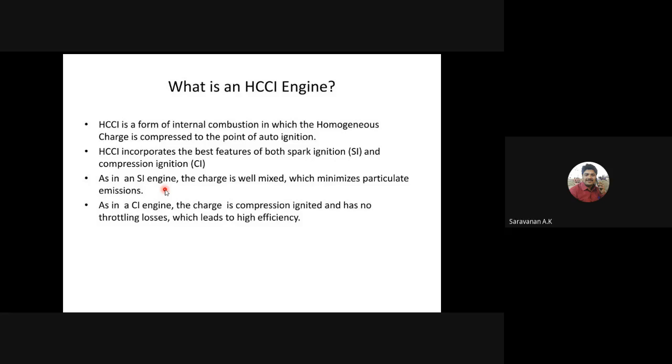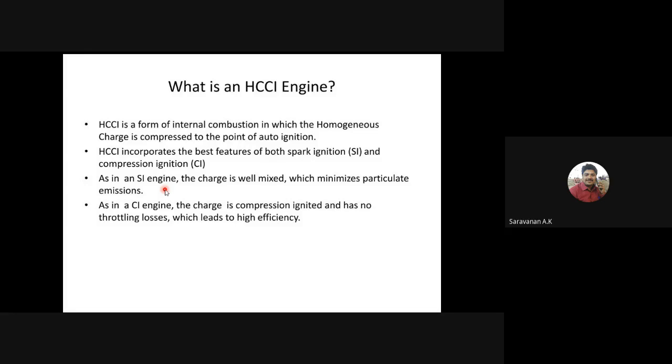The conventional SI engine uses a homogeneous fuel and air mixture, which is prepared in the intake port, and it undergoes induction and compression. In SI engines, with accurate control of the fuel and air ratio by using the carburetor, and a three-way catalytic converter. So why do we have to use the catalytic converter?